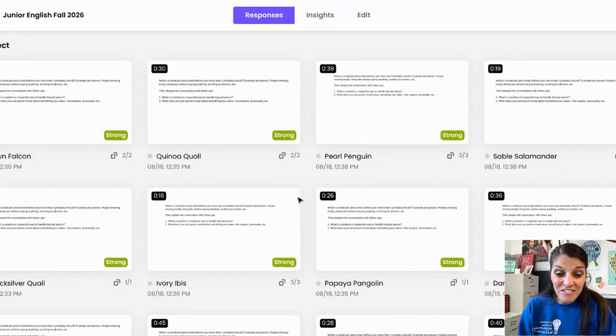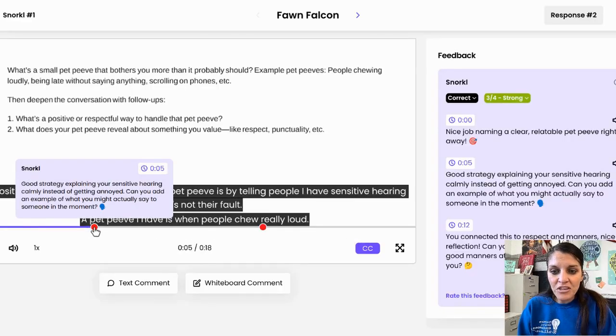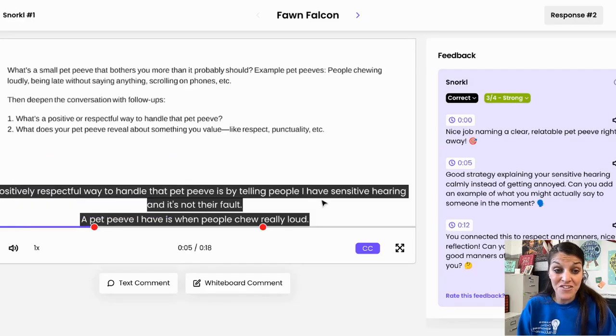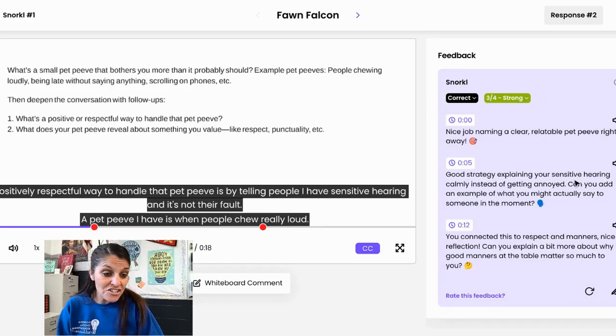So I want to walk you through, though, what the feedback looks like. So here, my student, if we played it, you could hear their response. And Snorkl really targets specific parts of their answer and then gives a very clear and specific response here. So you had a good strategy of explaining your sensitivity to hearing. Can you add more?